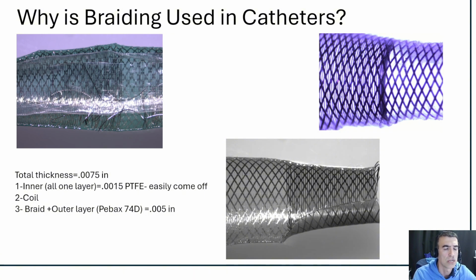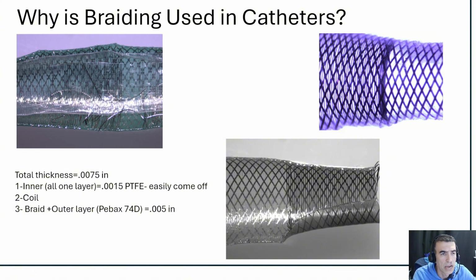For example, for this commercial catheter, you can see that the PTFE liner doesn't have a good bonding, and it would come off easily. Of the total thickness of 7.5 tau, you would have a 1.5 tau PTFE layer as a liner. And then you have the coil on top of that, and then you have a braiding, and then you have PBAC 74 as basically the jacket on the top.